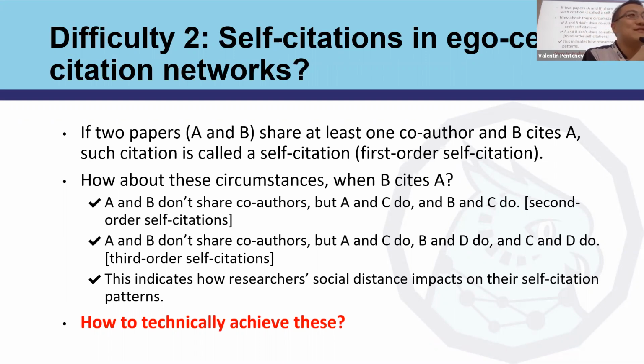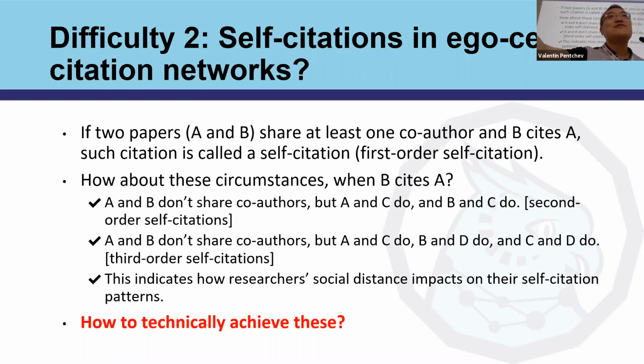But what I'm really interested in is the second order and the third order self-citations. For instance, in this circumstance, A and B don't share co-authors, but A and C share a co-author and B and C share a co-author. We call this a second order self-citation.